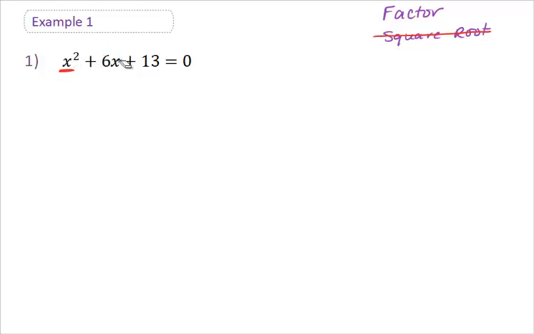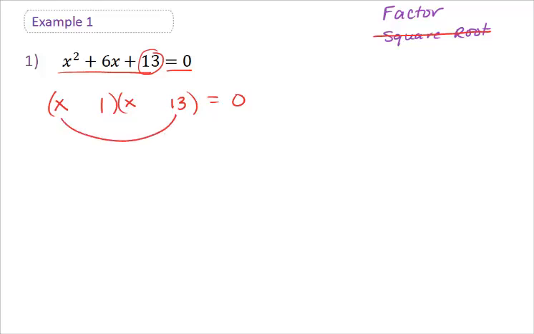Now, let's talk about the factoring method. My factoring method is to put it in standard form, which it is because it's in descending order and set equal to 0. So my next step is to factor it. Setting up my parentheses, I have x times x to give me x squared, and then my factors to give me 13 in the last. 13 is a prime number, so I only have one choice, 1 and 13.